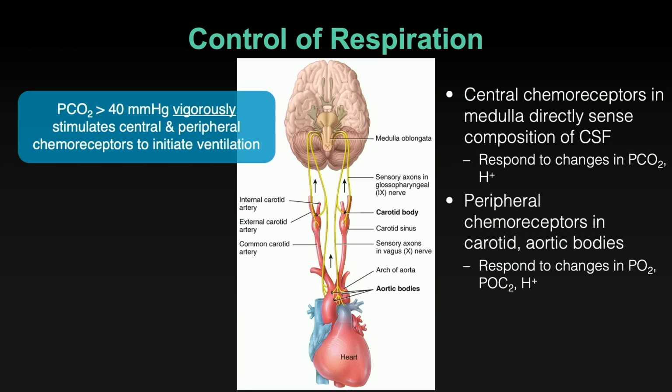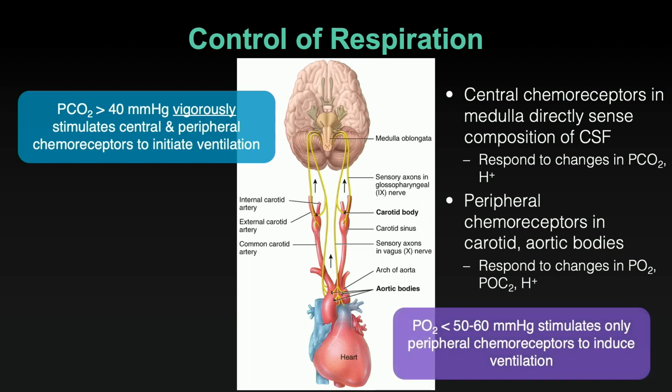If I were to put arbitrary percents on the relative involvement of these two groups, I'd say about 80% of the drive to breathe comes from this avenue: small increases in CO2 on the arterial side. Major response shown here.